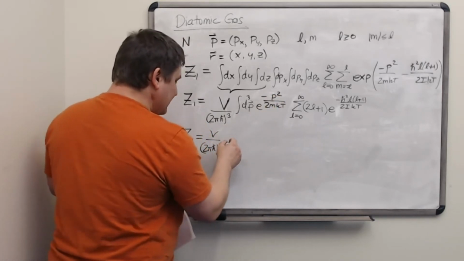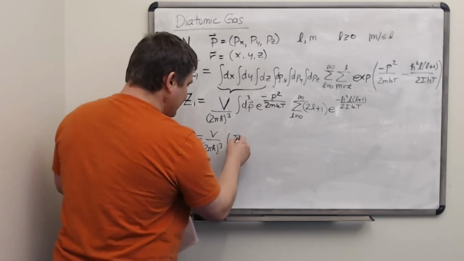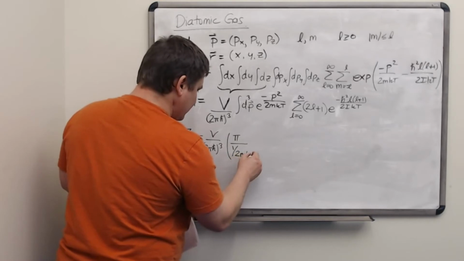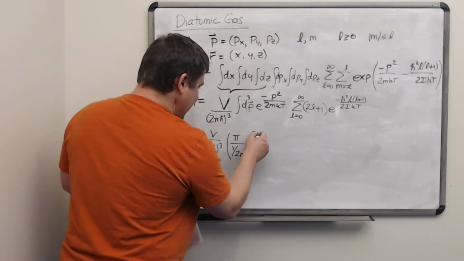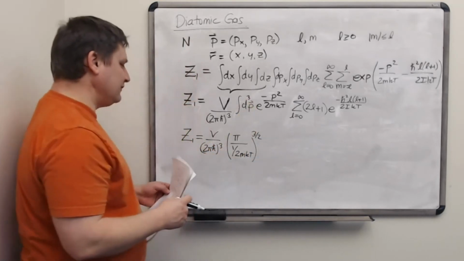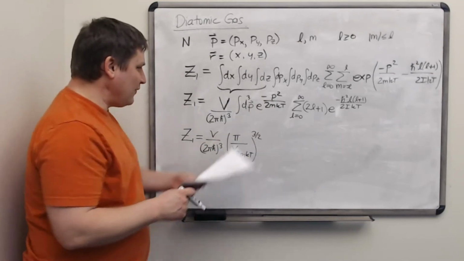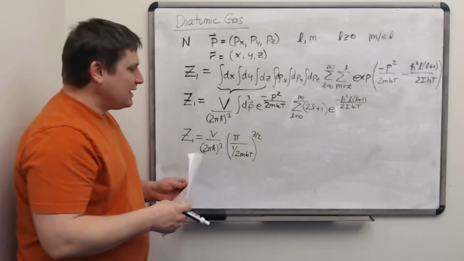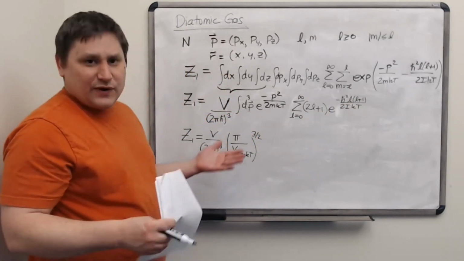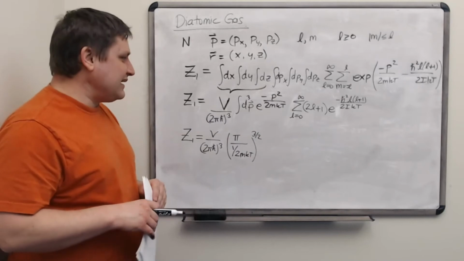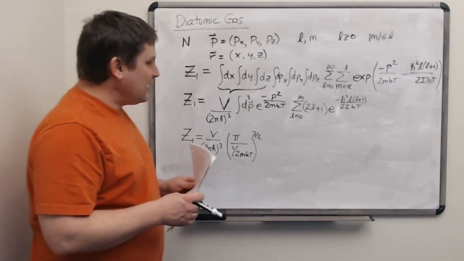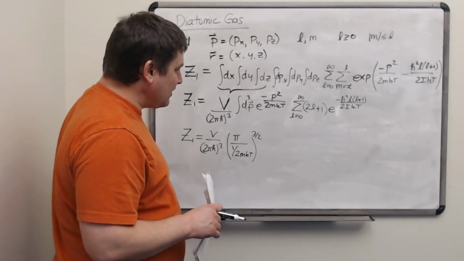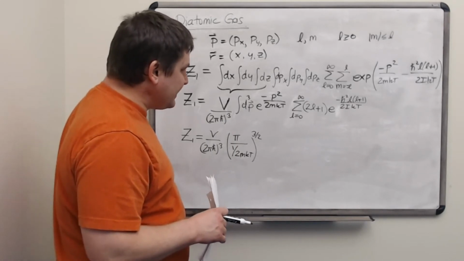So that will be equal to pi divided by the constant to the 3/2 power because it's a three-dimensional integral. So that's that one. That's done. Now the second one here, the sum. Now this sum we cannot do exactly. We just can't do it exactly.